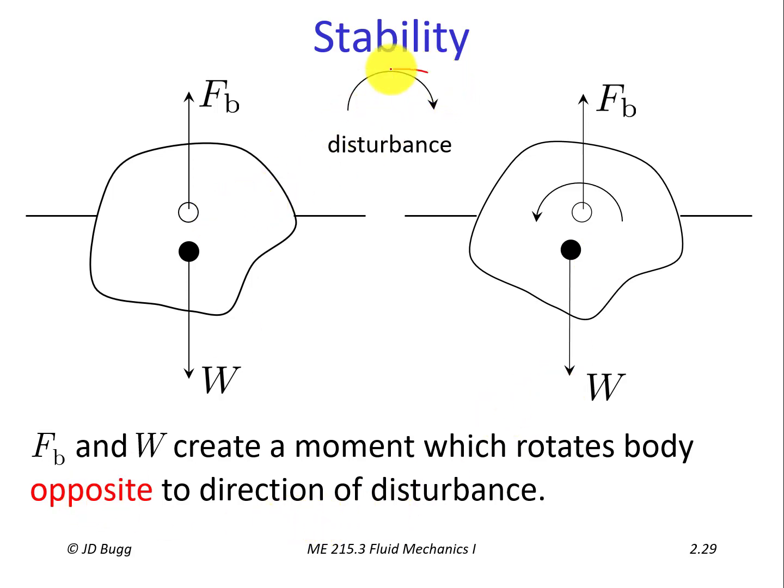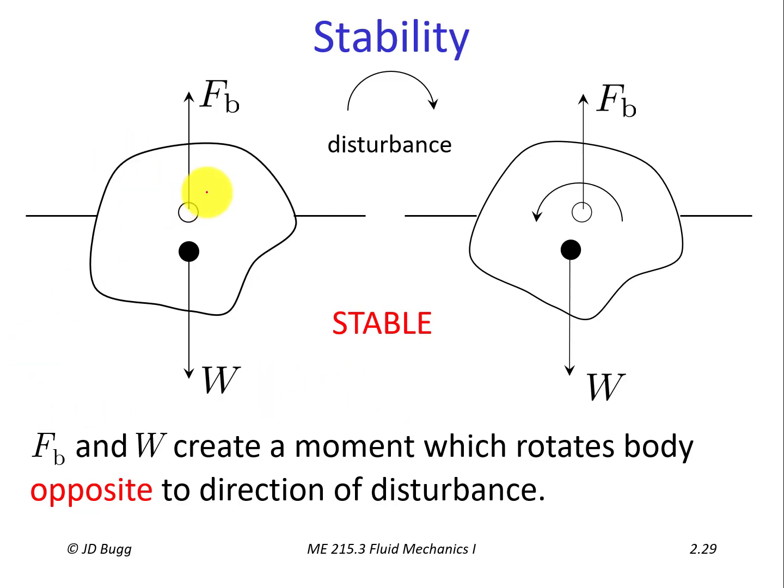Realize if our original disturbance had been in the opposite direction, so this original disturbance had been counterclockwise, then the moment produced here would be clockwise. So the key word here is opposite. FB and W create a moment which rotates the body in the opposite direction of the disturbance. So because of that, this is a stable situation.